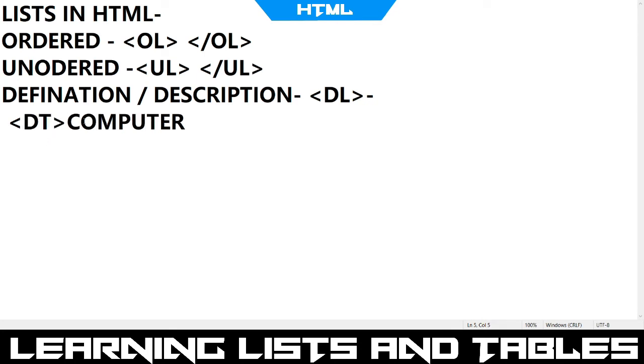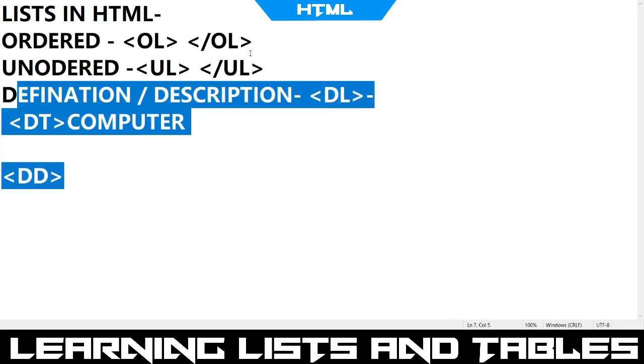Now, this is the term name, okay? Now, to define the term, that is to describe what it is, where you want to write a paragraph about it, you use the tag DD, that is the definition of the term. So, three tags are used in a definition list.